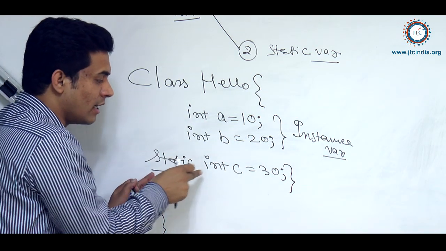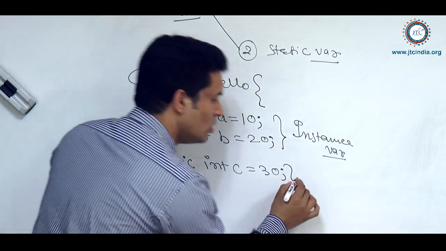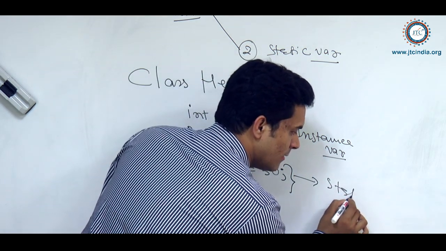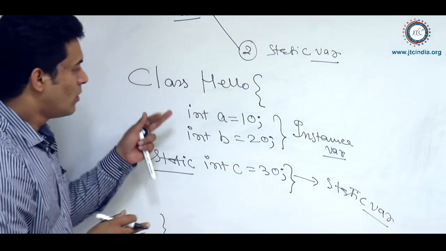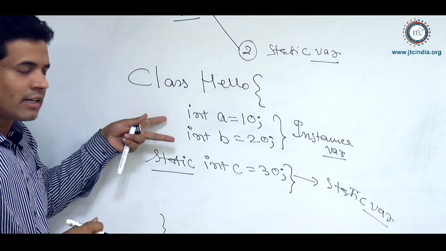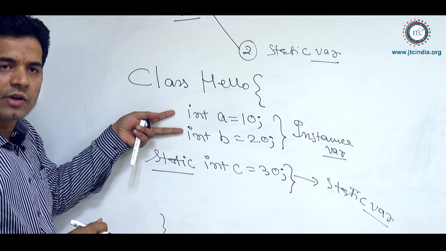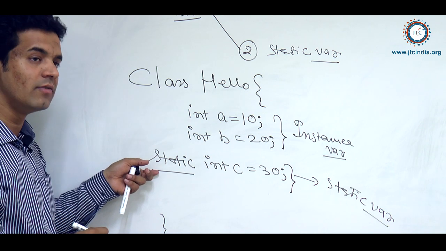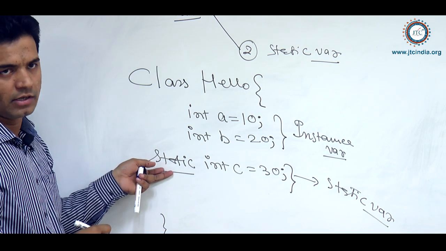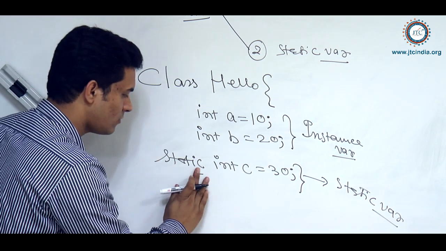So when I write static int c = 30, I call it a static variable. So a variable defined directly inside a class is called an instance variable, and a variable defined directly inside a class with the static keyword is called a static variable. Is that clear now? Okay.